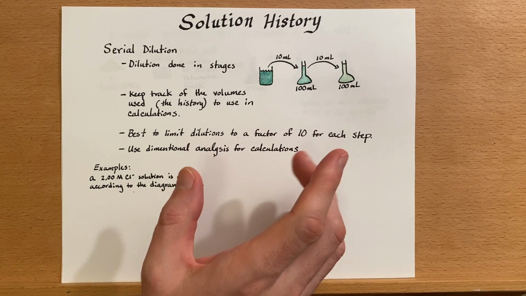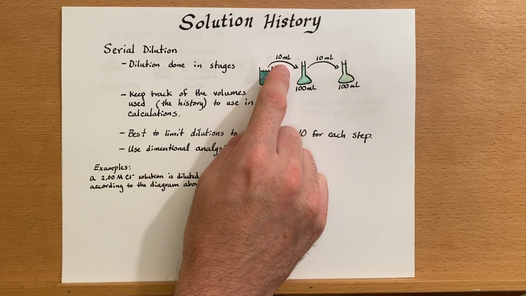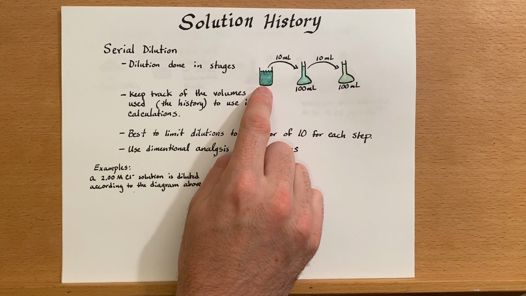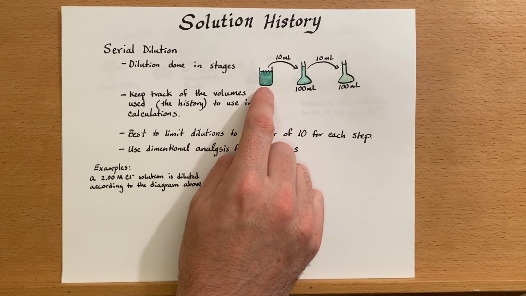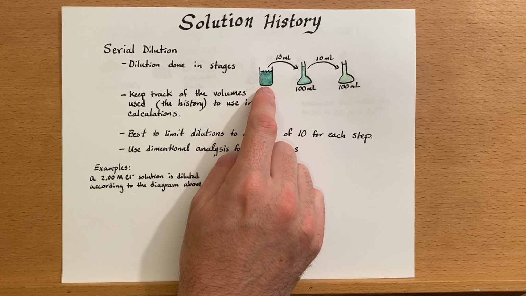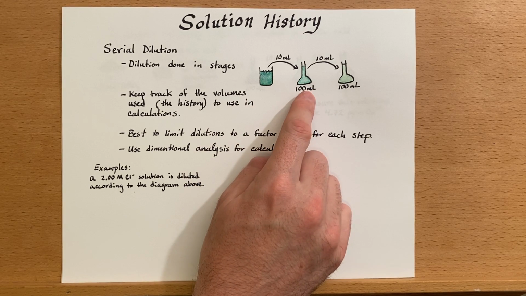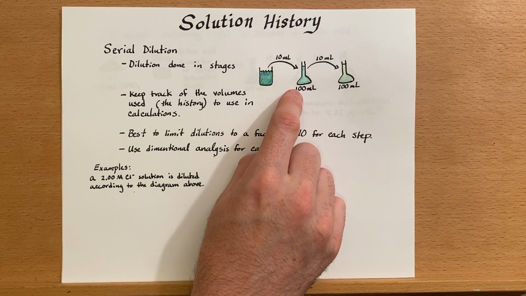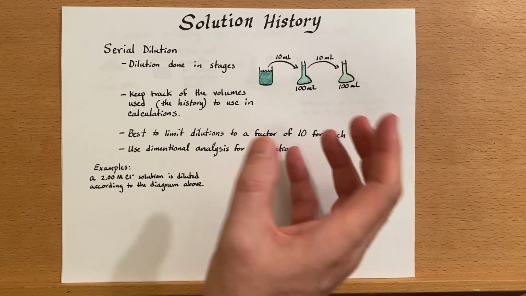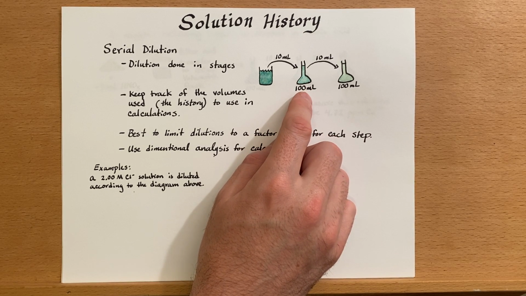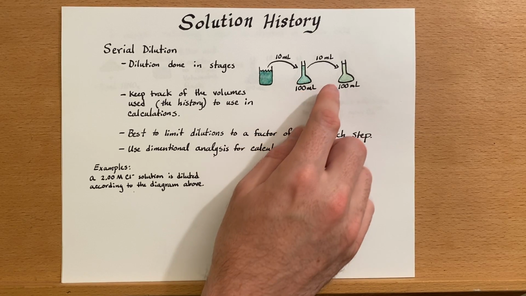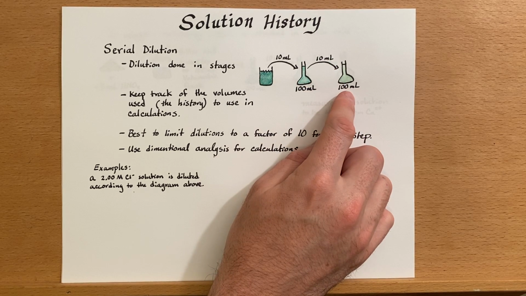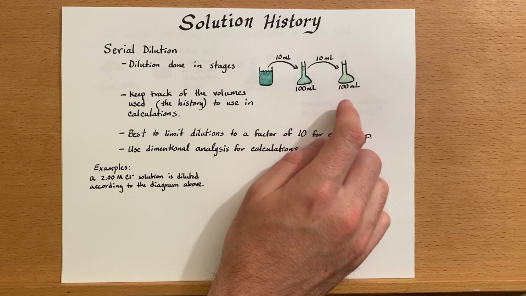Now, we need to keep track of all of the volumes that we use. So in this first case, we've taken 10 milliliters, perhaps using a pipette, and added it to a 100 milliliter volumetric flask, diluted it, properly mixed that solution, and then we've taken another 10 milliliters using a pipette, put it in a volumetric flask, diluted up to 100.